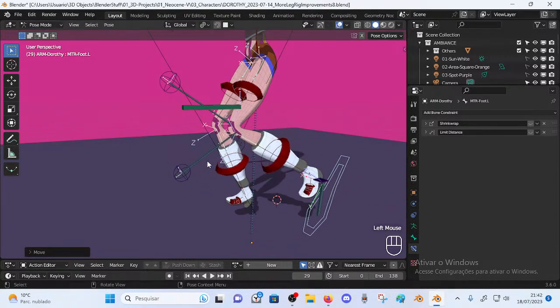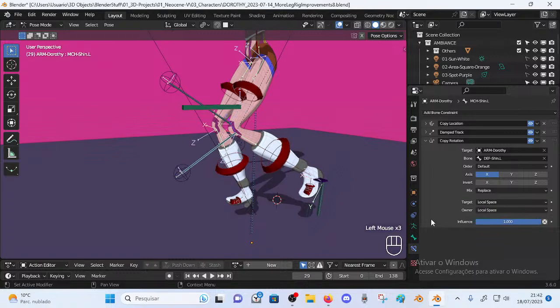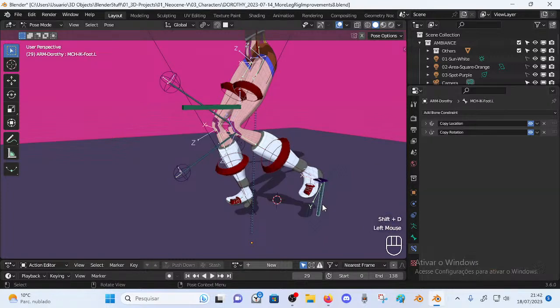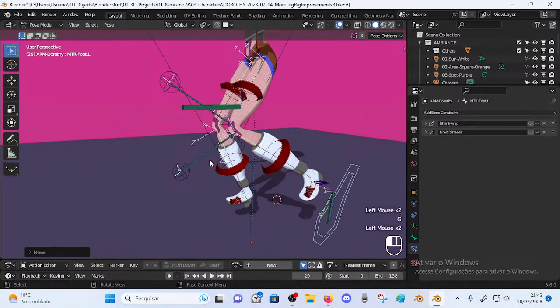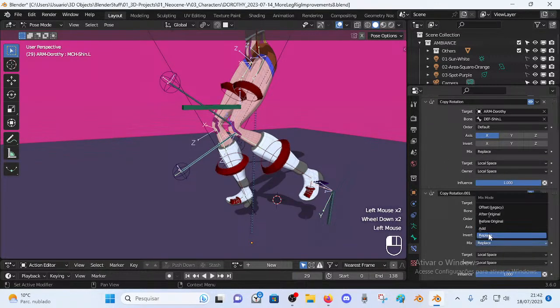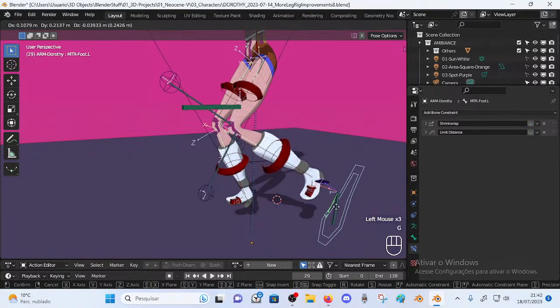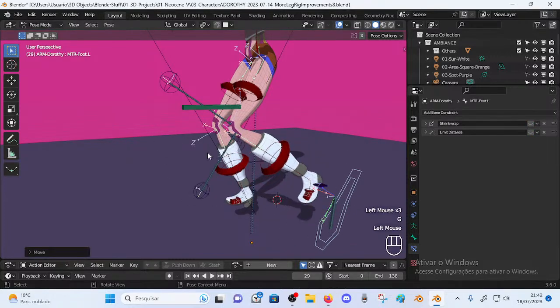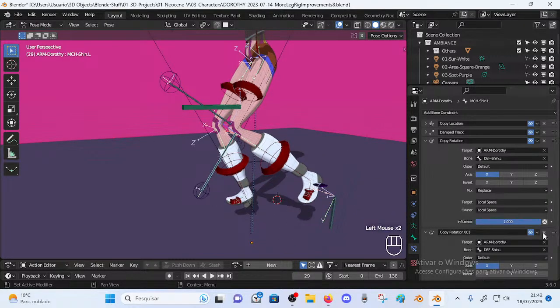And then I could change the influence, but it's at maximum. If it's not enough, I could even duplicate this thing. I think this is plausible. This could be an interesting idea. I'll keep it like that for now.